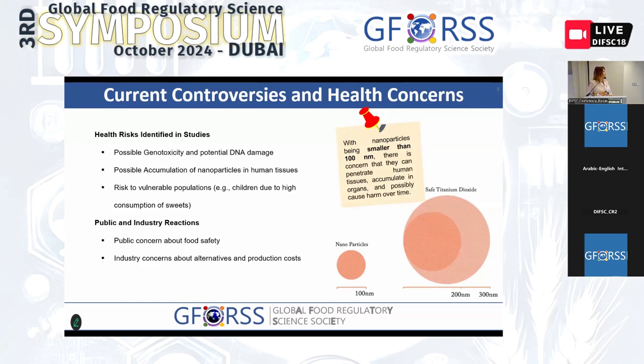That presents a risk to vulnerable populations that consume a high quantity of confectionery and dairy products, such as children, due to higher consumption of sweets. The food grade application of titanium dioxide is typically between 200 and 300 nanometers, but in some cases we found nanoparticles with size smaller than 100 nanometers.